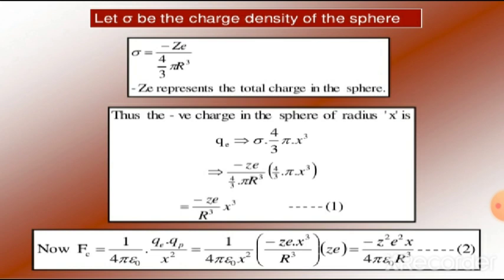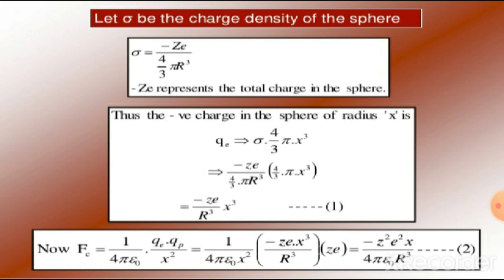Let sigma be the charge density of the sphere. Sigma is equal to charge by volume, where charge is equal to minus Ze, and volume is 4 by 3 pi R cube. This is for the total charge present in a sphere.